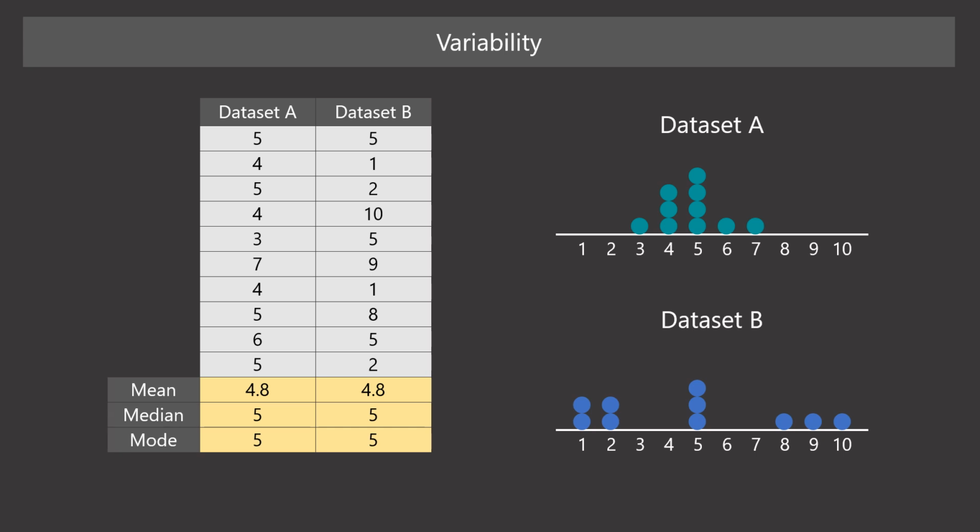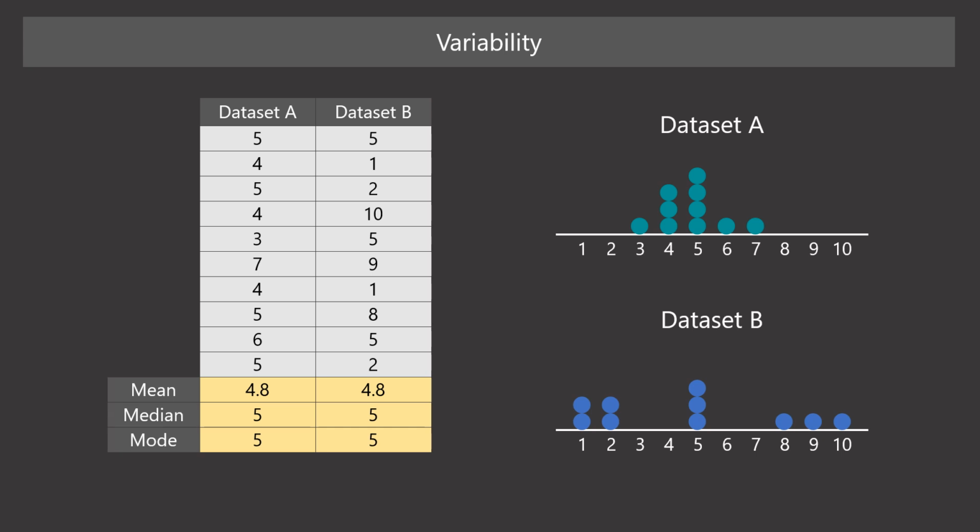So, all of the metrics of central tendency are the same. However, when we create a dot plot of these datasets, we can see that in dataset B, each data point is spread more widely. So, the data is characterized not only by the central tendencies, but also variability.